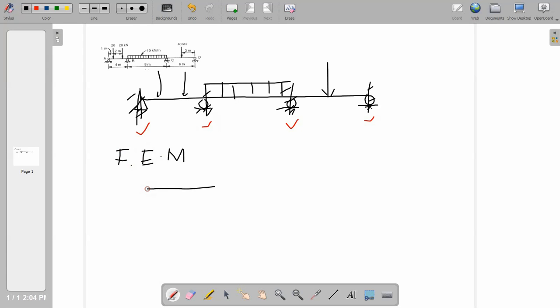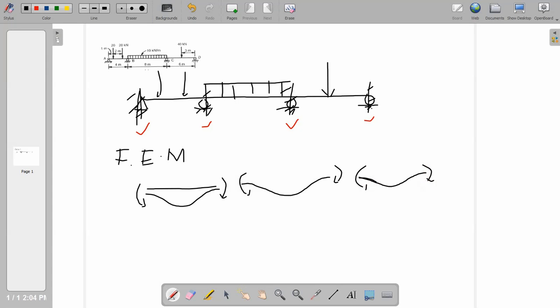That is, the first beam will bend like that, so it will have end moments like that. Similarly, the second beam will also bend like that, so it will have end moments like that. The third beam will also bend in the same way, so it will also have moments like that.